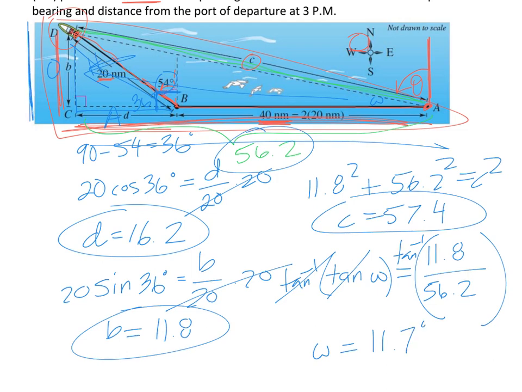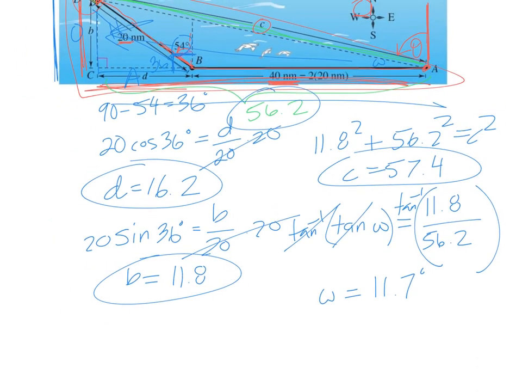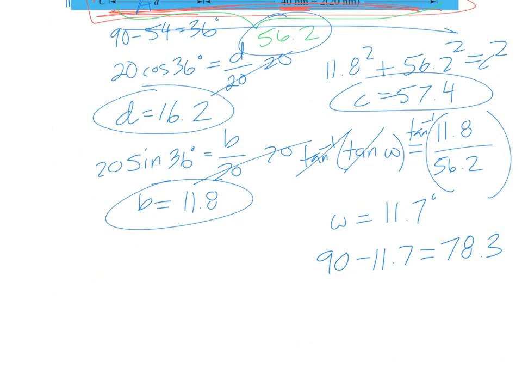So now if I want to figure out theta, this is 90 degrees here. So all we have to do is 90 minus 11.7, and we get 78.3, which is the bearing.